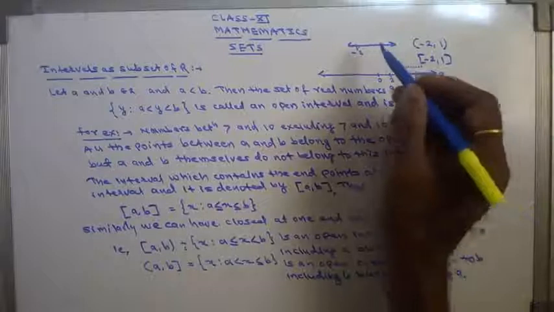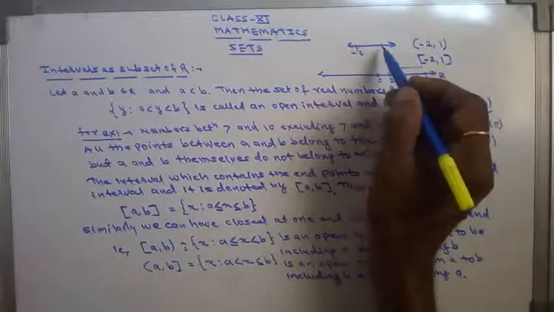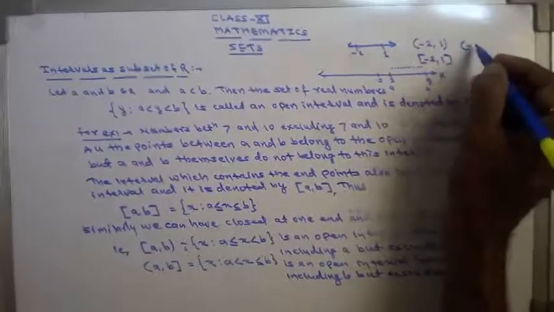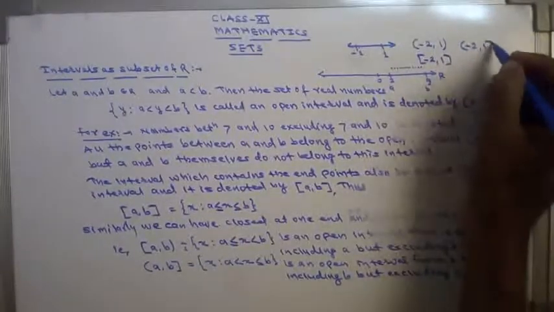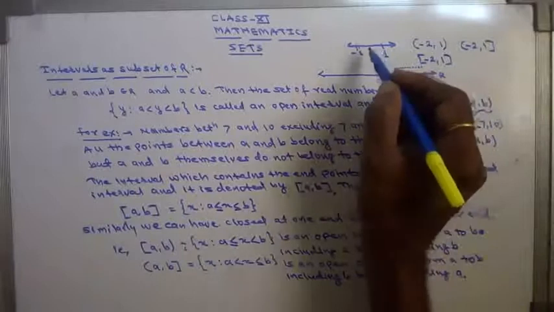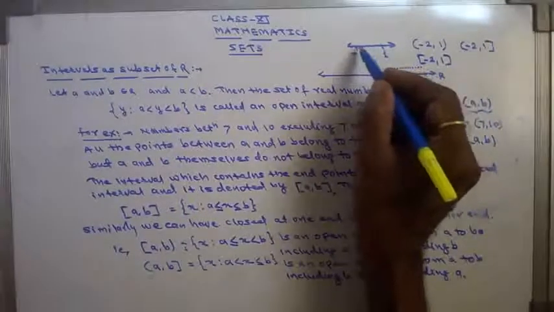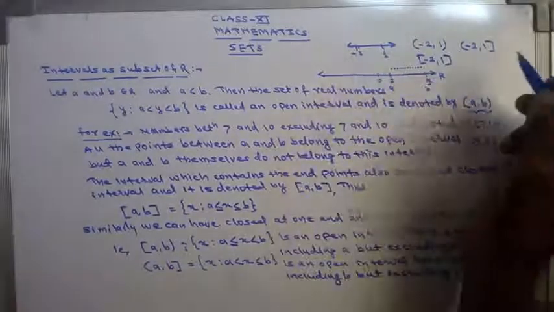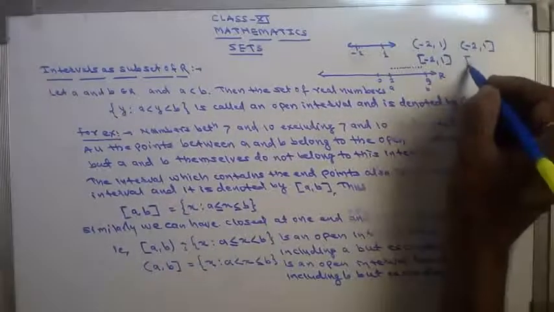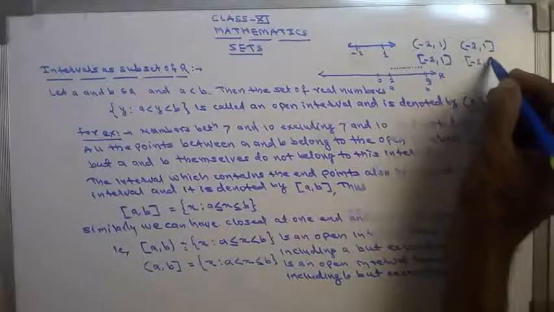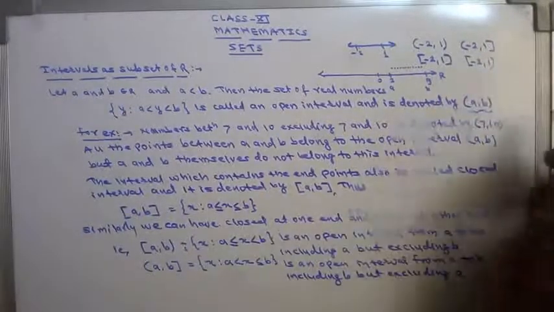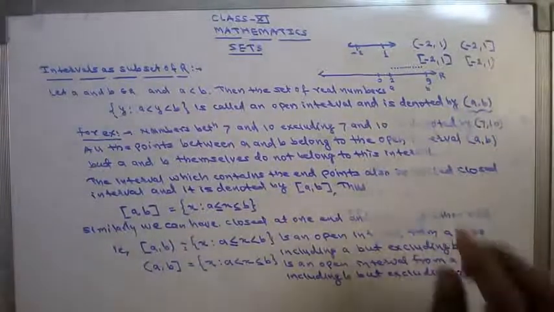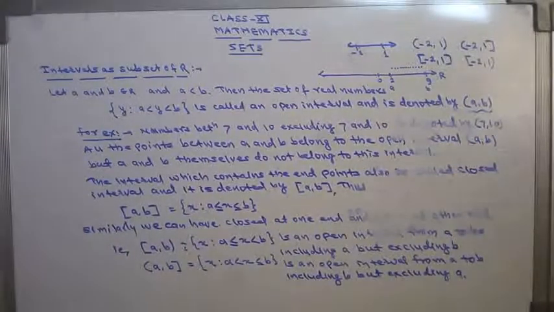If I want to write all the real numbers between -2 and 1 but excluding -2 and including 1, or including -2 and excluding 1, then in this way we can write down the different sets in open interval as well as closed interval.